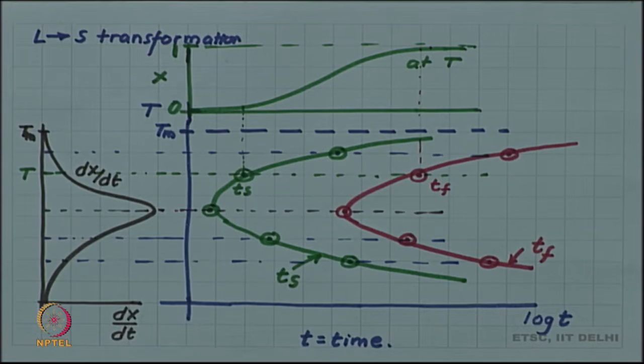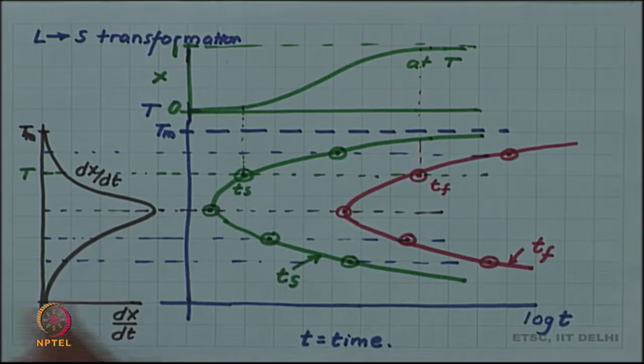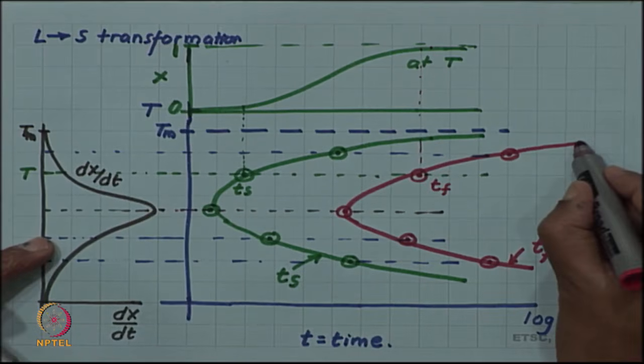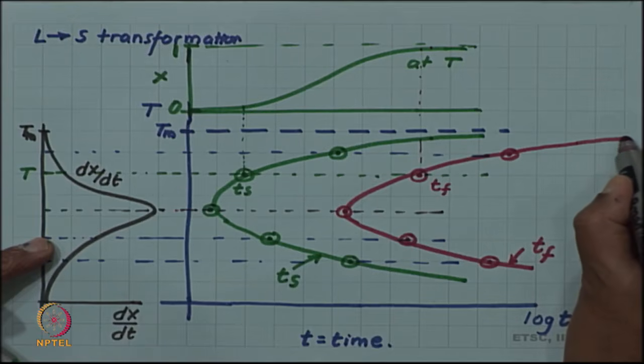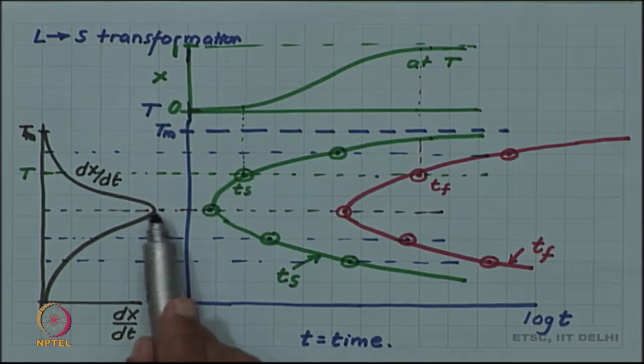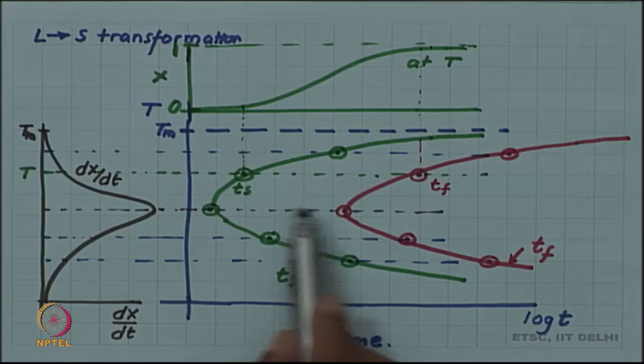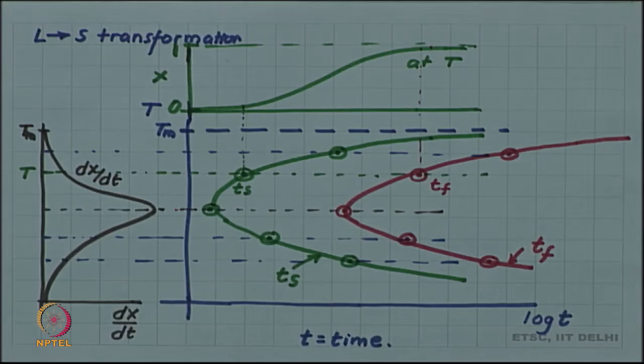Both these are called C curves, and both will approach asymptotically the melting point on the higher temperature side. They cannot cross the melting point because there is no transformation above the melting point, but they will reach it asymptotically. And at the temperature at which the maximum transformation rate occurs, they will show a minimum time, and that is usually called the nose of the curve.